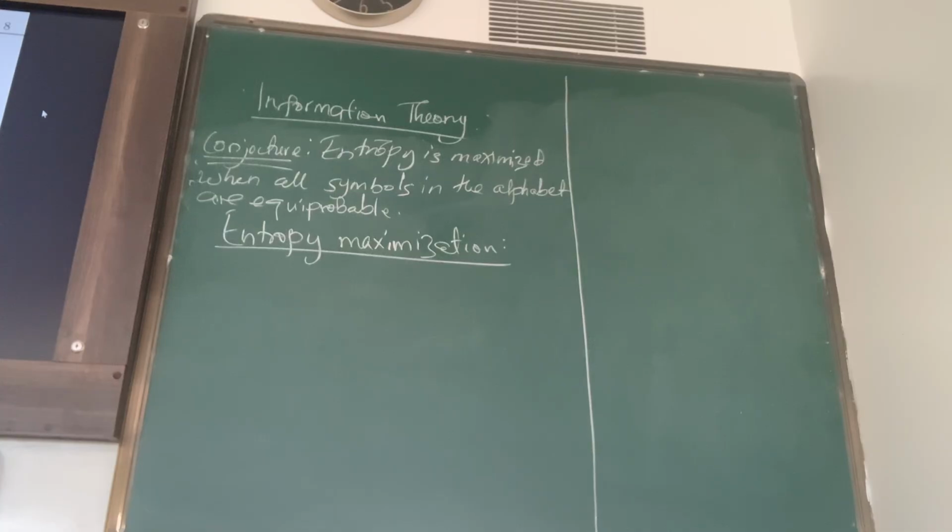So if I have m symbols in an alphabet, then the maximum entropy is just going to be log to base 2 of m. So that's the upper bound. We cannot exceed that. Then of course we know entropy cannot go below 0, it cannot be negative, so that's always a bound. But I'm using this to introduce you to Jensen's inequality, which is a very important inequality in communication.